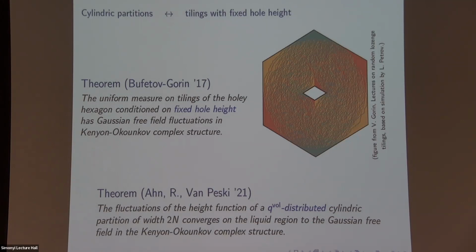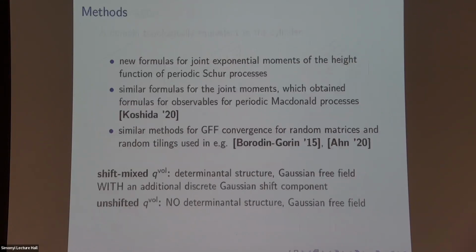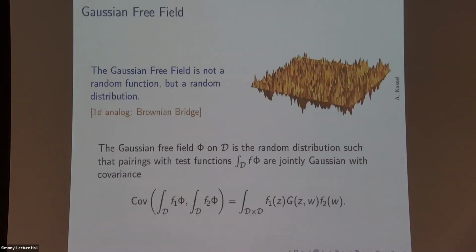But shifted Q to the volume measure on a cylinder is indeed a dimer measure. So it's a slightly different model. However, if we focus ourselves on tilings and forget about the dimer model, then the conjecture is still the same, and it should work both for dimer measure tilings and Q to the volume tilings. It is not more general, so those are different setups, and this is what this picture corresponds to in the very beginning.